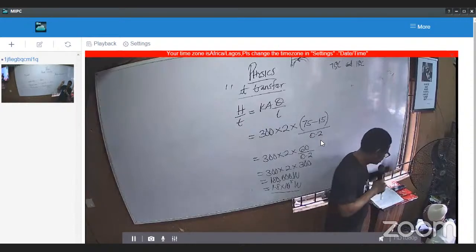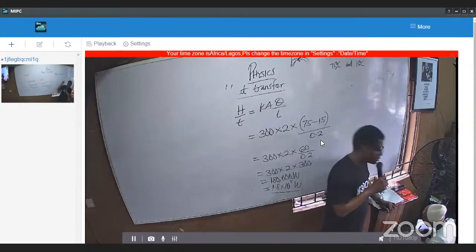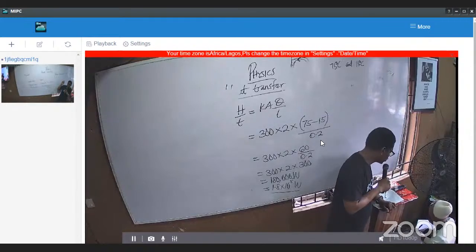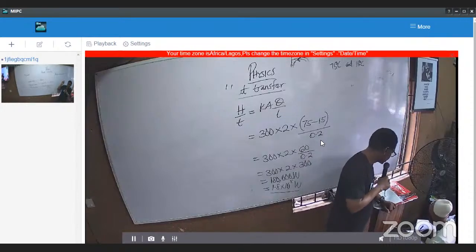Heat transfer by conduction is similar to wave motion because option A, there is increase in temperature.